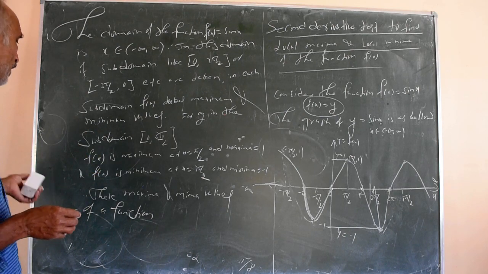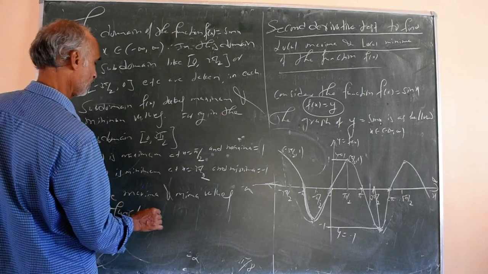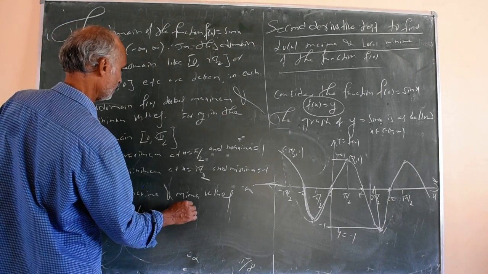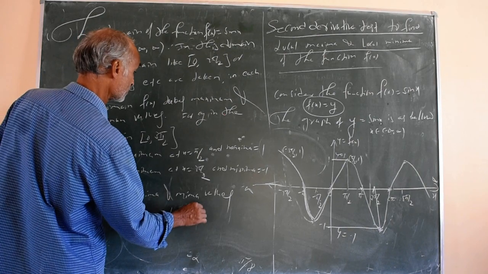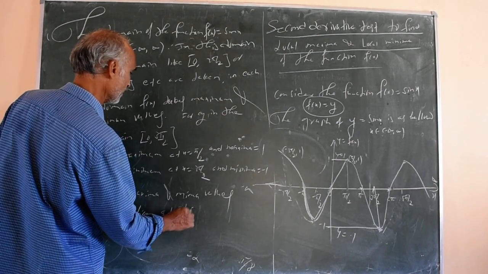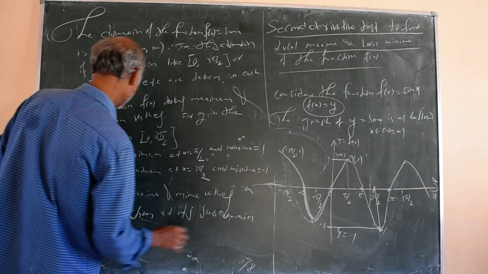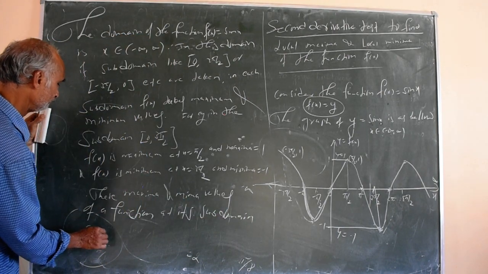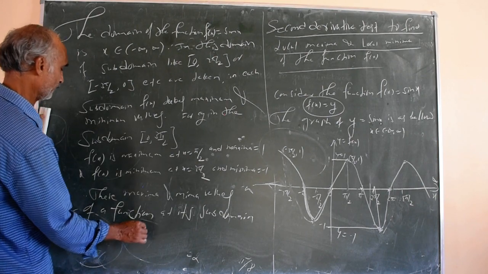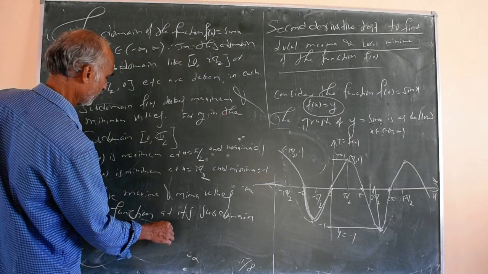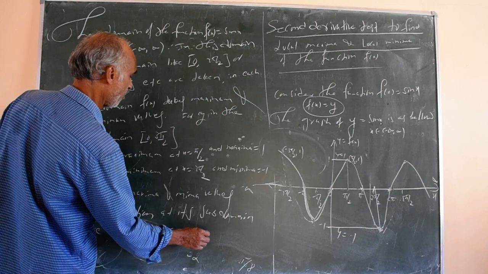These maxima and minima values of a function at its subinterval, at its subdomain, are called local maxima or local minima.